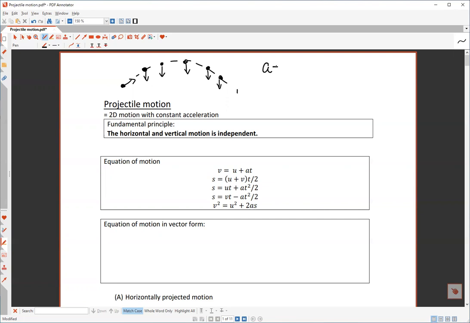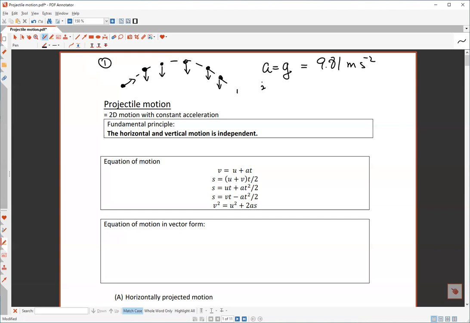It's constant g, 9.81. This is an example of projectile motion. If you're throwing any ball in the air, without considering the air resistance, then it would be a projectile motion. So this is one of the examples.